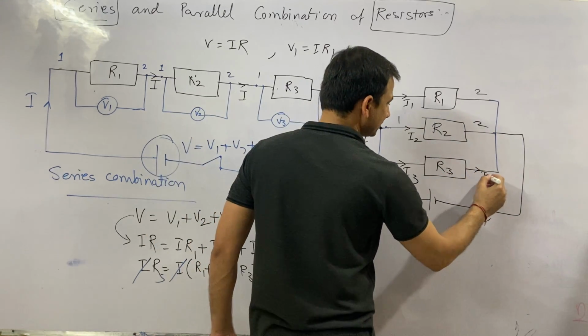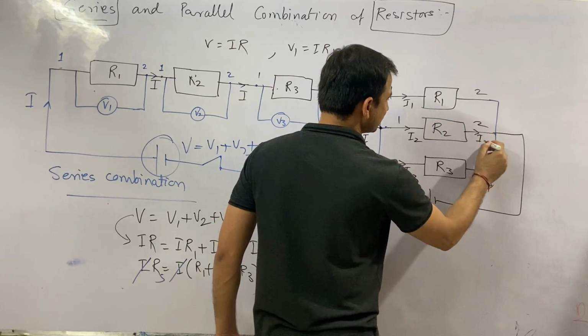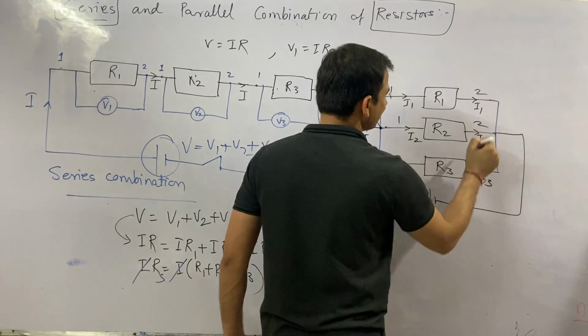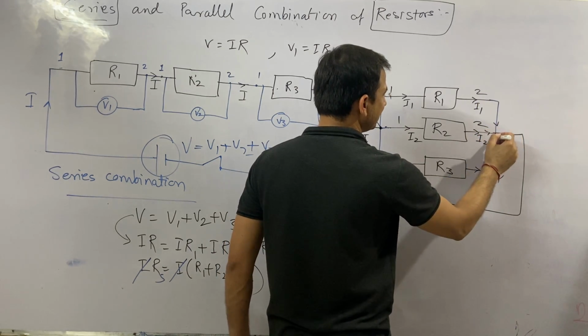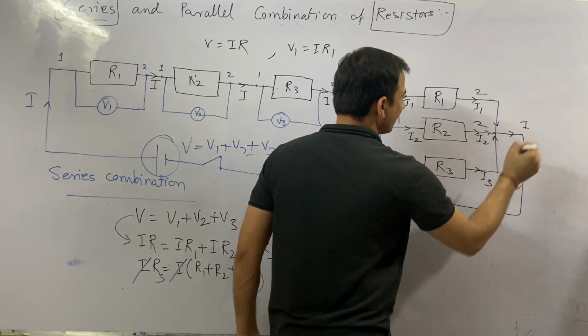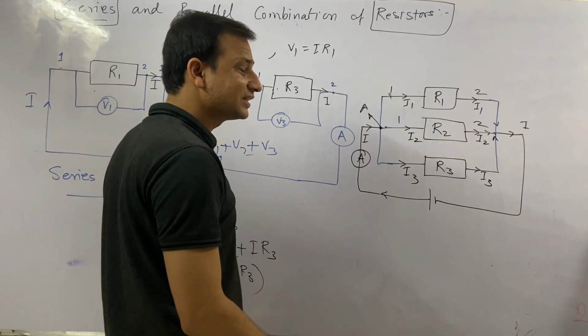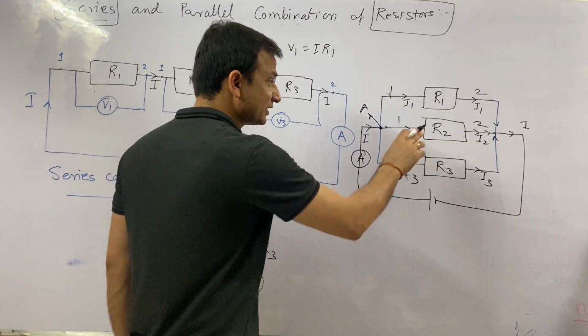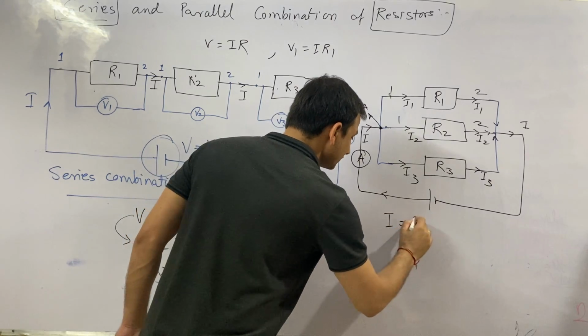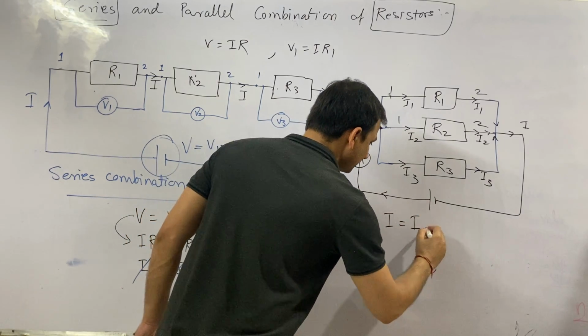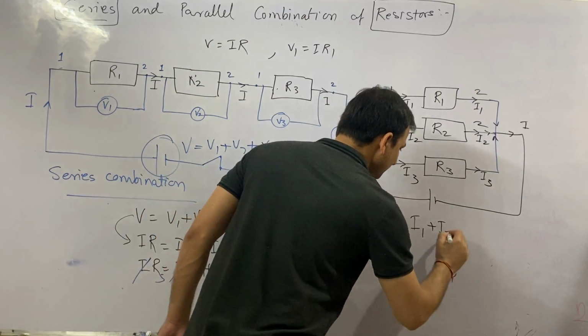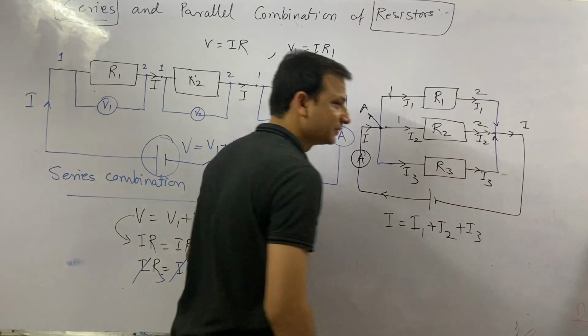The same current I3 will reach here, I2 will reach here, I1 will reach here, but once they combine, they will become equal to I. So what you can see here is that I is equal to I1 plus I2 plus I3.